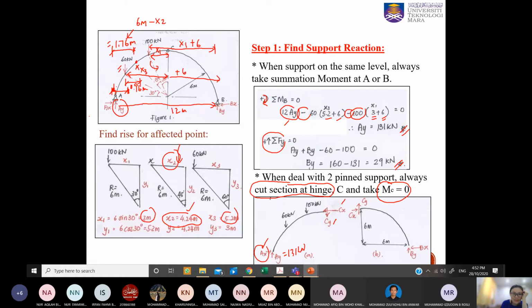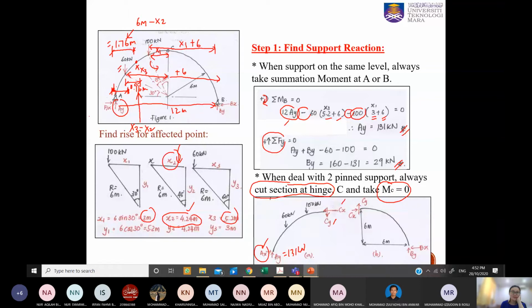How to get 0.96, class? It will be x3 minus x2, right?